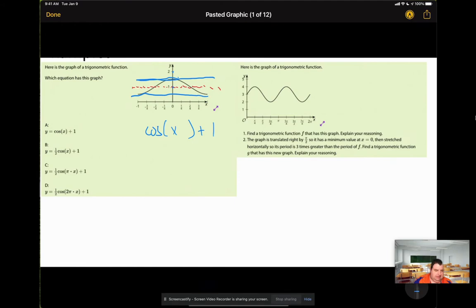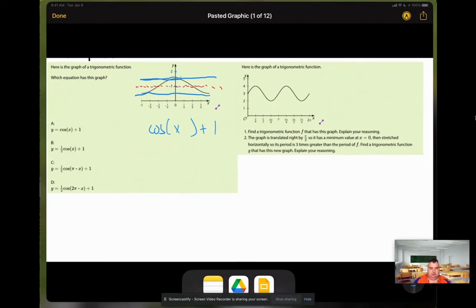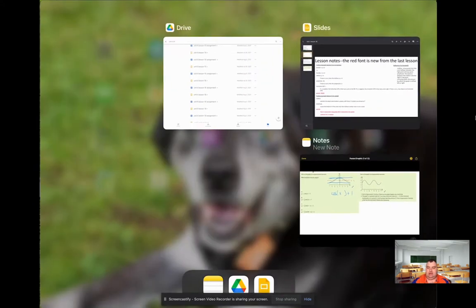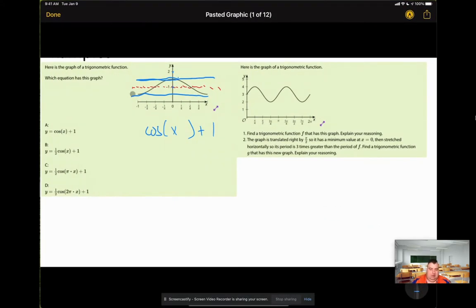The second thing we want to look at is the amplitude. The amplitude is the distance between the midline and the high or low point. The midline is at 1, my high point is at 1.5, so that's a distance of a half. Same thing, the low point is at a half, the midline's at 1, so that distance is 1/2.